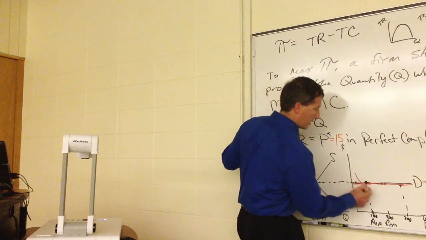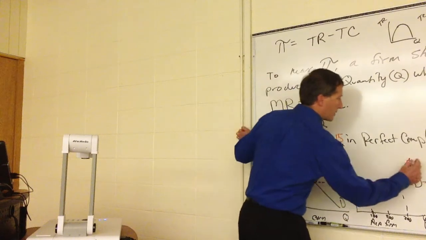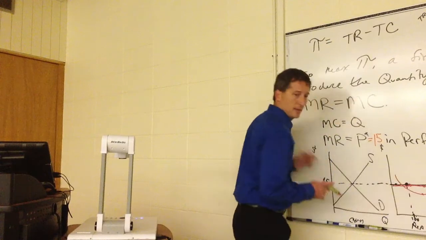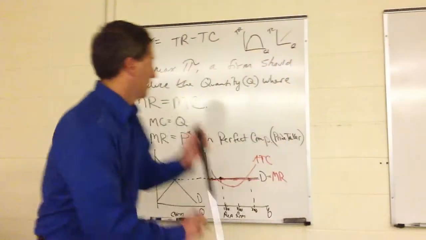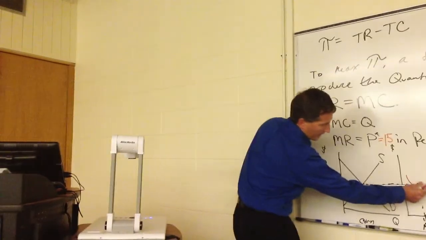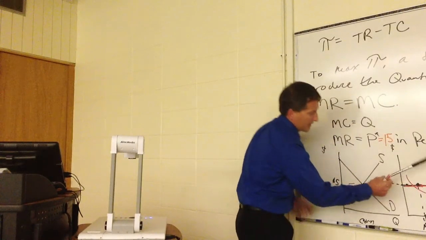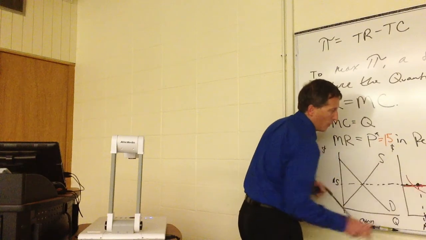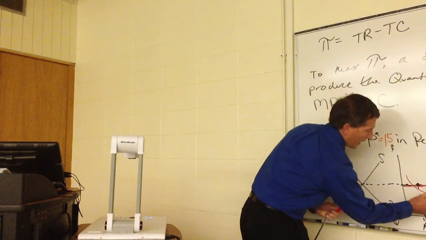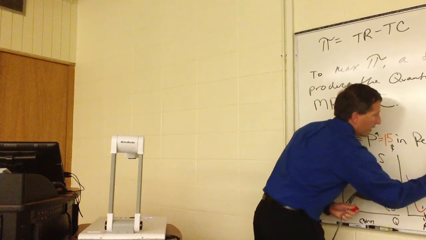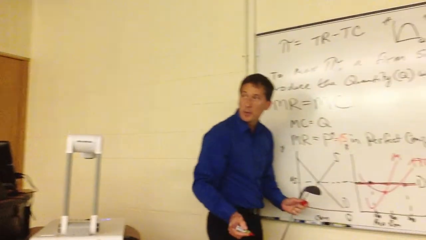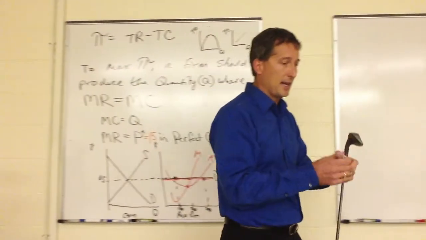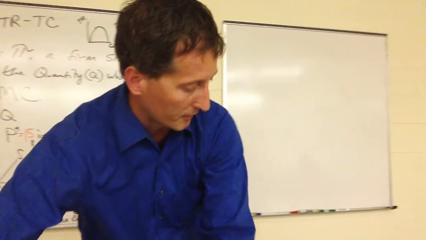I'm not drawing this to scale, but if this was the average total cost curve, this price is going to keep falling, right? Because of the supply increase, the price is going to keep falling, and where profits equal 0 is at that point. That point happens to be where average total cost is minimized, where marginal cost is equal to it. So that's the long run prediction for perfect competition, and we'll come back to that.